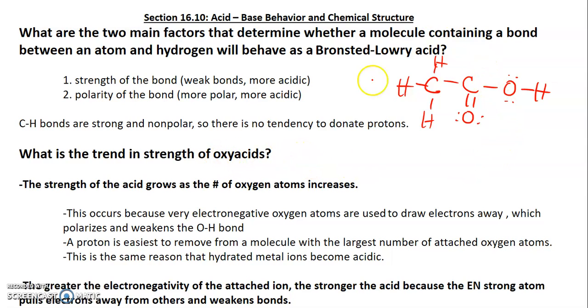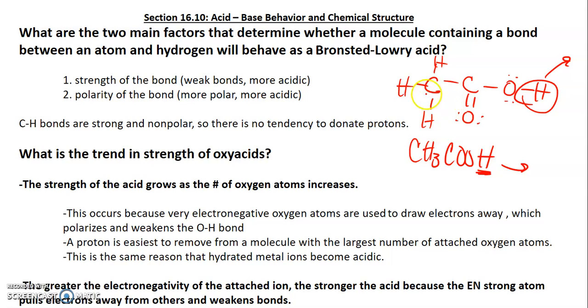When you look at the formula for acetic acid, the hydrogen that gets donated is not one of these, because the bonds between the carbon and the hydrogens are all relatively nonpolar and quite strong, so there's no tendency for these hydrogens to be donated. So it's going to be the one at the end.